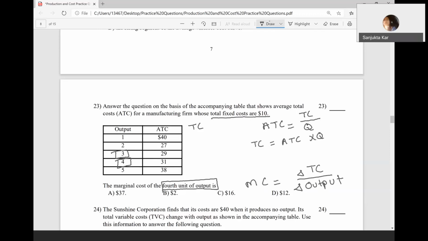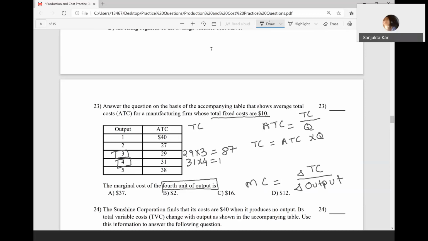So the total cost for the third unit of output is 29 times 3. Let me do the calculation here. I found this as equal to 87. Definitely you can check these numbers. Then the next one is for the fourth unit of output.